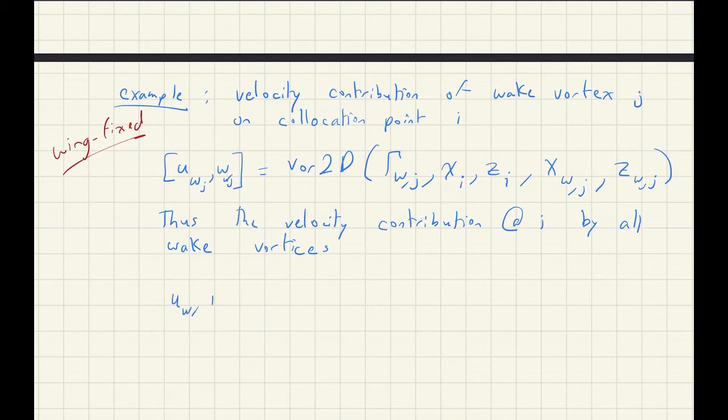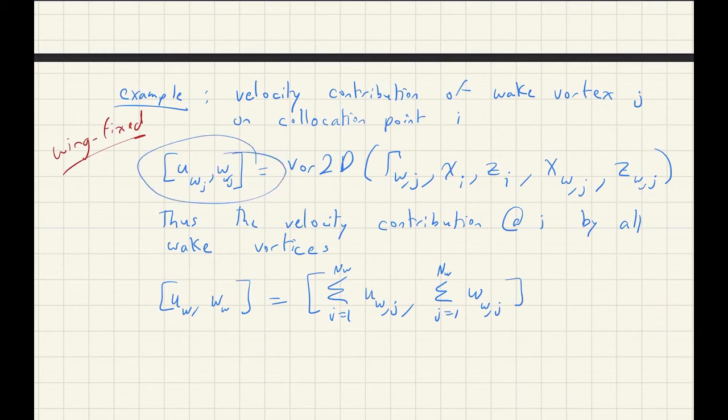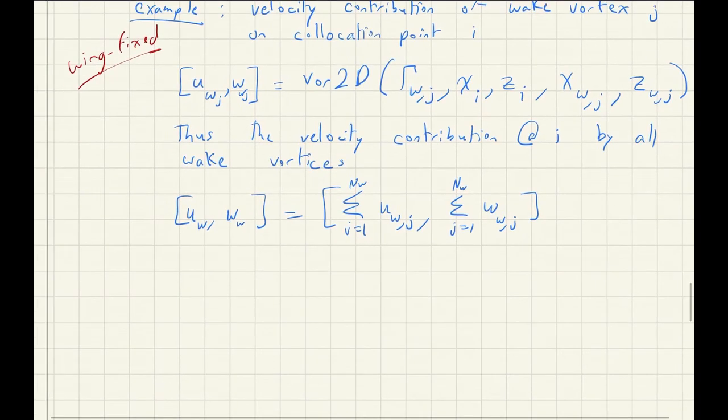That could be given by simply the sum of the separate components regarding each vortex. So that is represented here. We do this step for all the vortices at the same collocation point, and we just sum them. And now we do this at each collocation point.